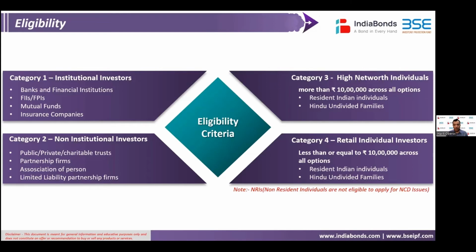I will reiterate, individual and non-individual are the two major headings. Within that, you have category 1 and 2 in non-individual, institutional investors and non-institutional or corporate investors. Category 3 and 4 in the individual category are high net worth, anyone applying more than 10 lakh rupees, and anything equal to or less than 10 lakh rupees is known as the retail category investor.